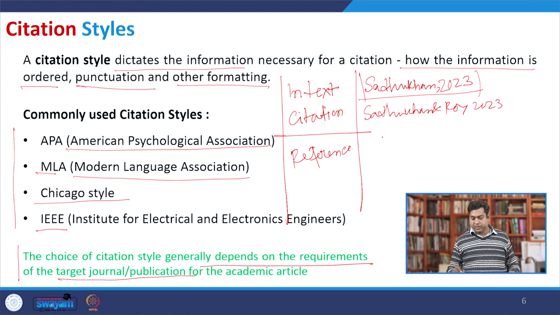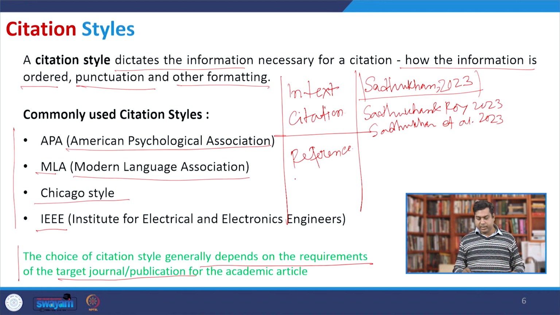If there are more than 2 authors, then we go for et al. This is the in-text citation that we give, but whenever we write the references it is full.